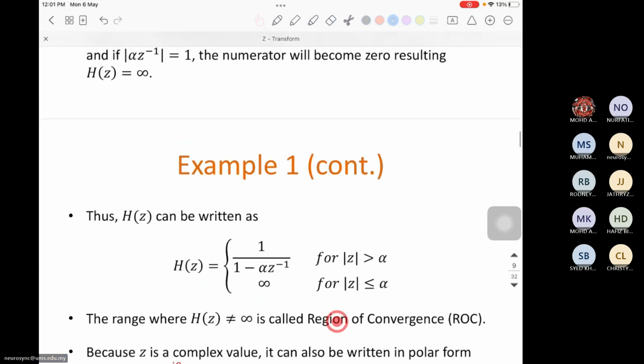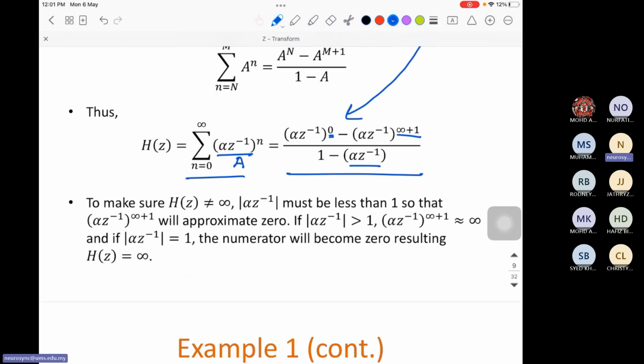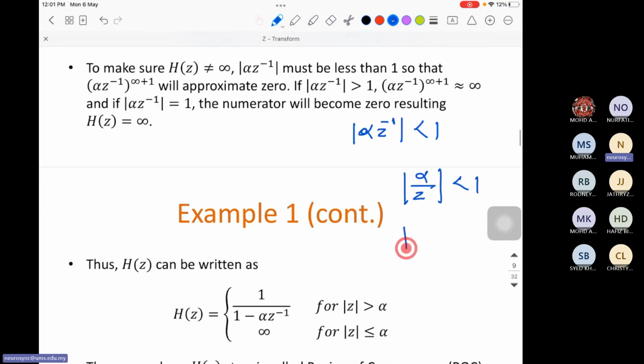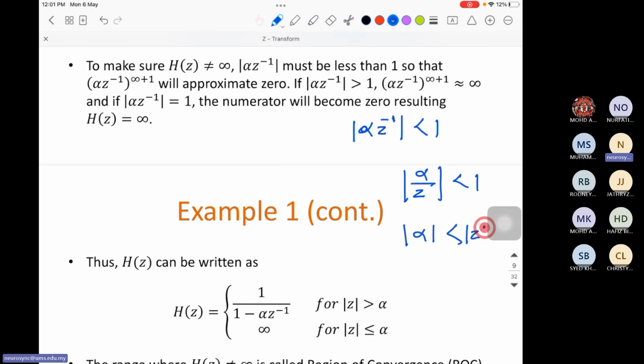Now, if this is less than 1, then the mod of alpha z to the power minus 1 is less than 1. So, alpha by z is less than 1, then I can say the mod of alpha is less than the mod of z.